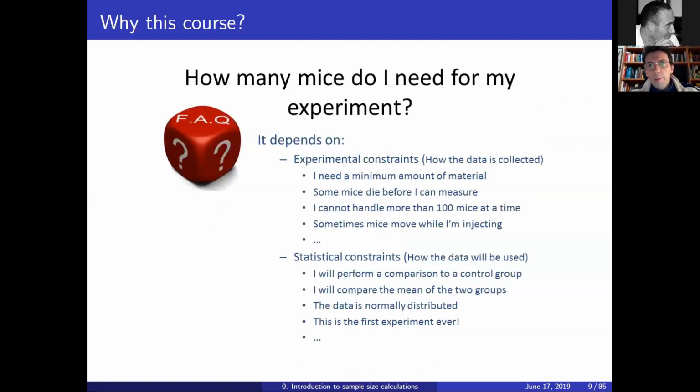So the number of animals that you need for an experiment depends on different things. The first one is some experimental constraints. So how the data is collected.